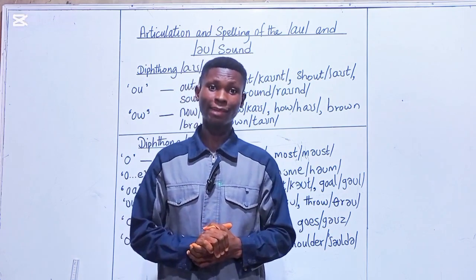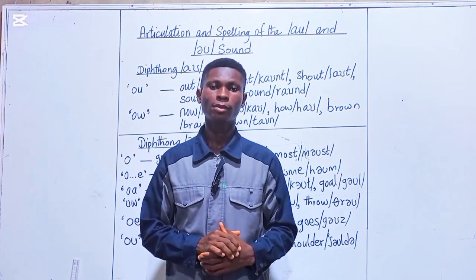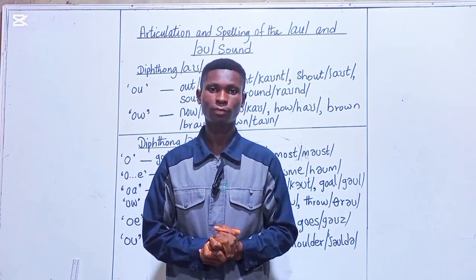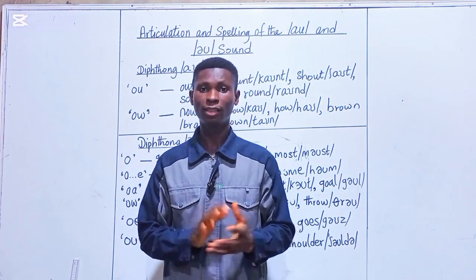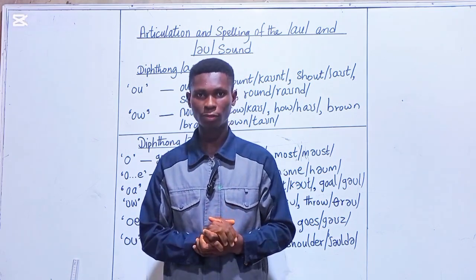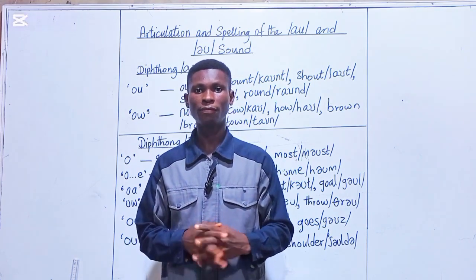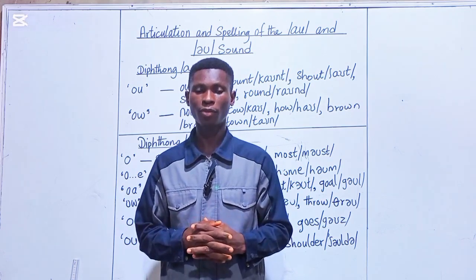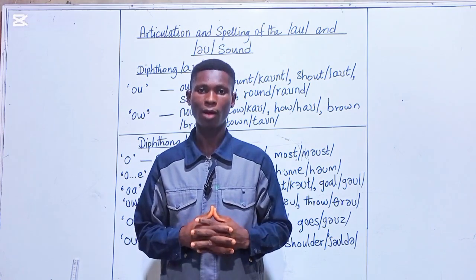I'd like us to consider today the other closing diphthongs, which are often known as the high back diphthongs. We call these ones high back diphthongs because the tongue makes movements from different parts of the mouth towards the upper part of the mouth.